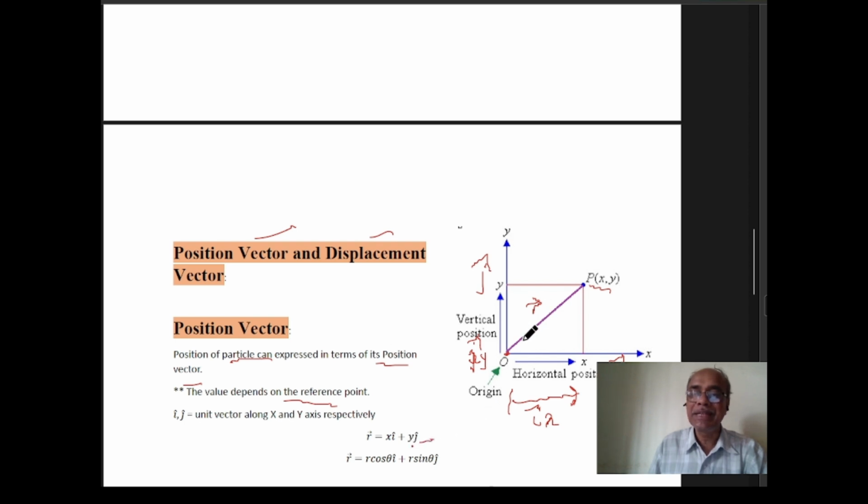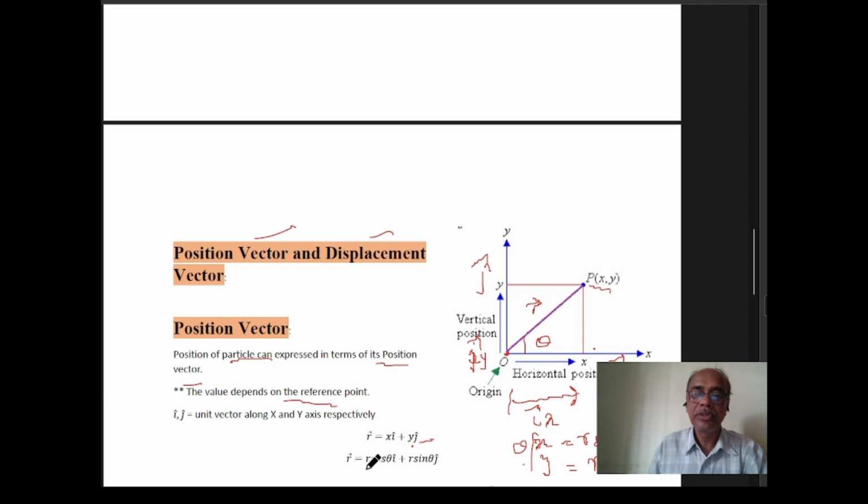Now if this angle is theta, then what will be the value of Ox? Ox equals r cos theta, and what is Oy? Ox means x, and y equals r sin theta.